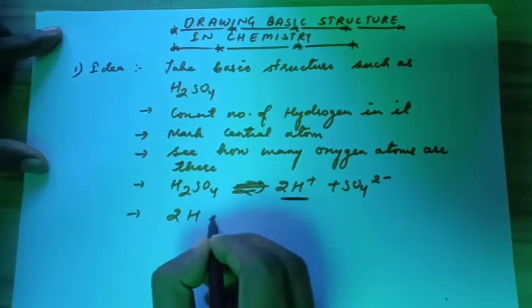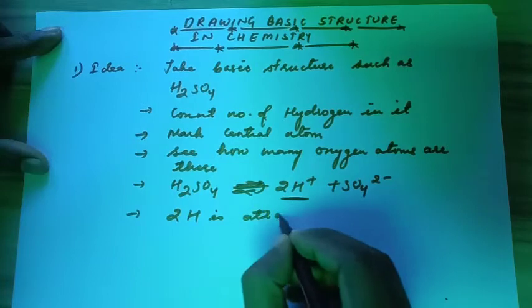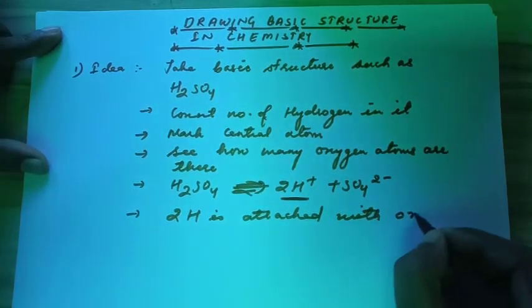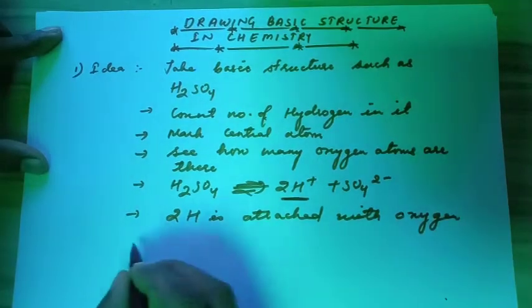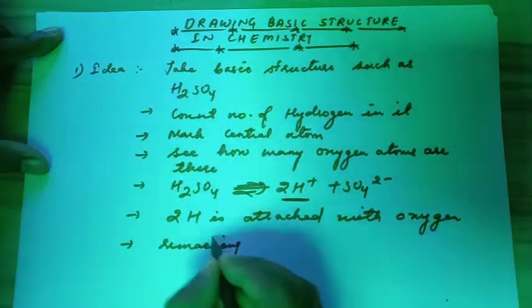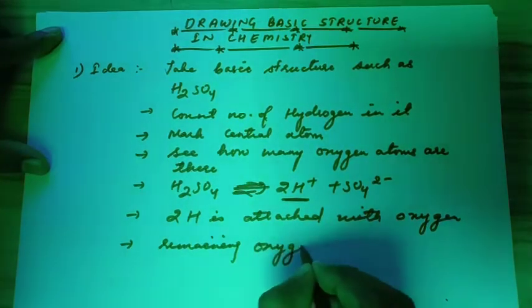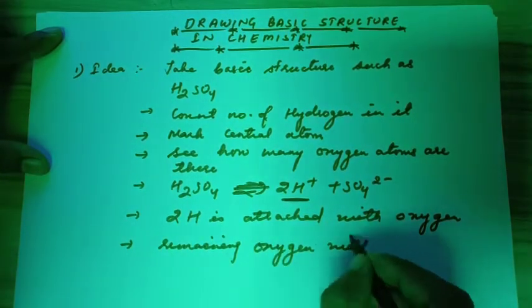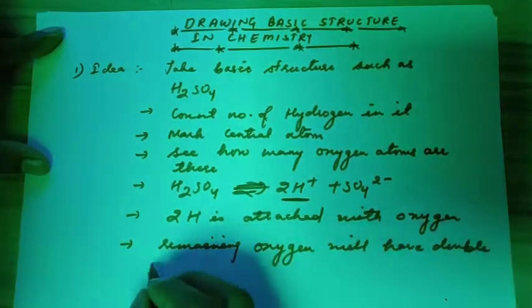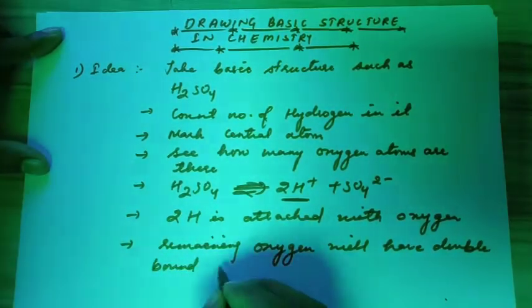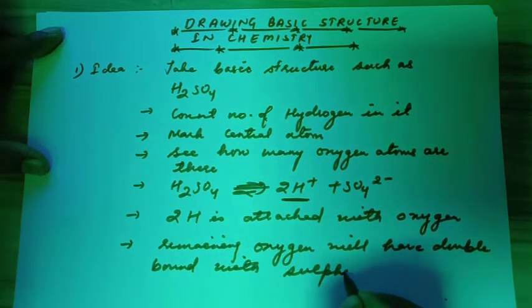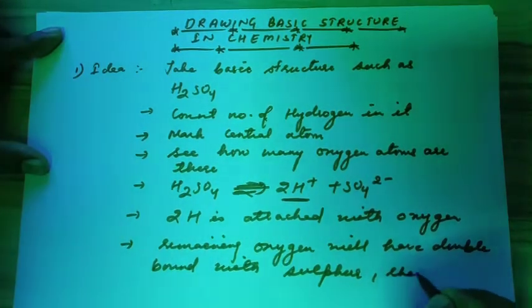The remaining oxygen will have a double bond with sulfur, the central atom.